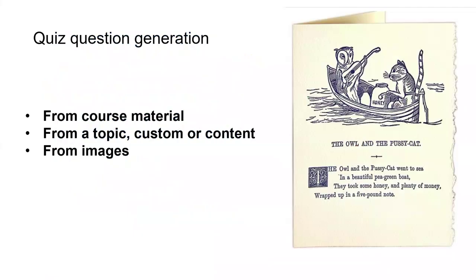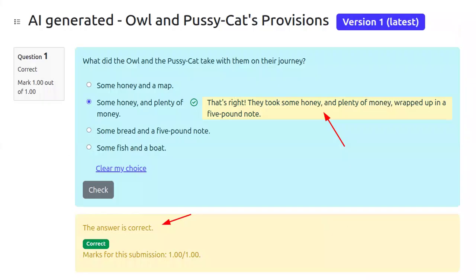In this example, from Marcus Green, actually, the nonsense nursery rhyme, The Owl and the Pussycat, we have an image of that, a resource on the course page, and we pointed the Question Gen plugin at this picture, and we said please make multi-choice questions, and it came back with the multi-choice question: what did the owl and pussycat take with them on their journey?